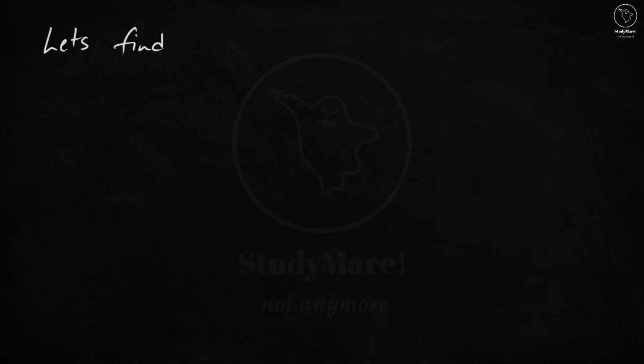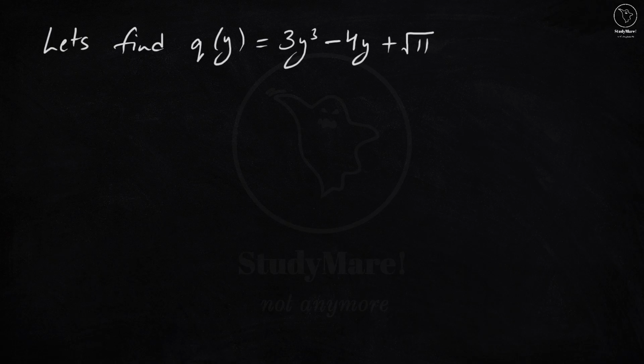Let's find q(y) is equal to 3y cube minus 4y plus root 11 at y is equal to 2.